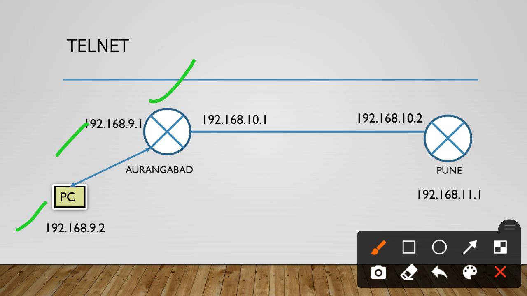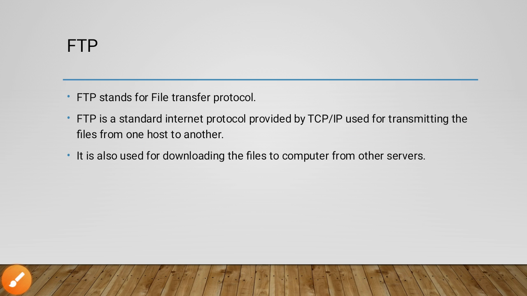Our PC is connected to this router, and if you want to access a router which is present in Pune and has the IP address 192.168.10.2, then by using the telnet protocol, our PC can access the router information from that server.